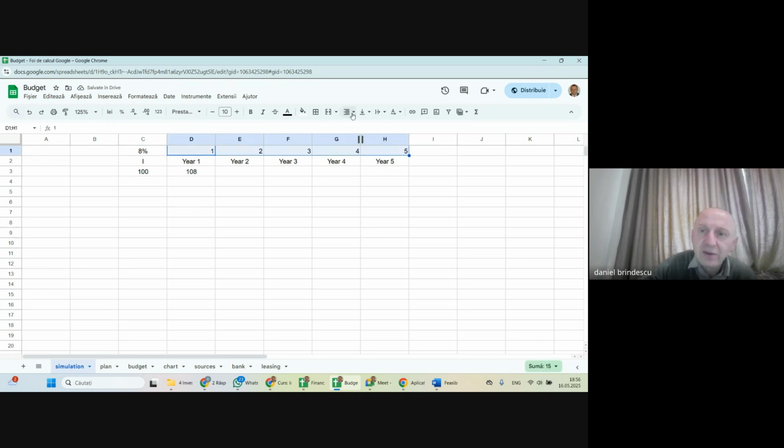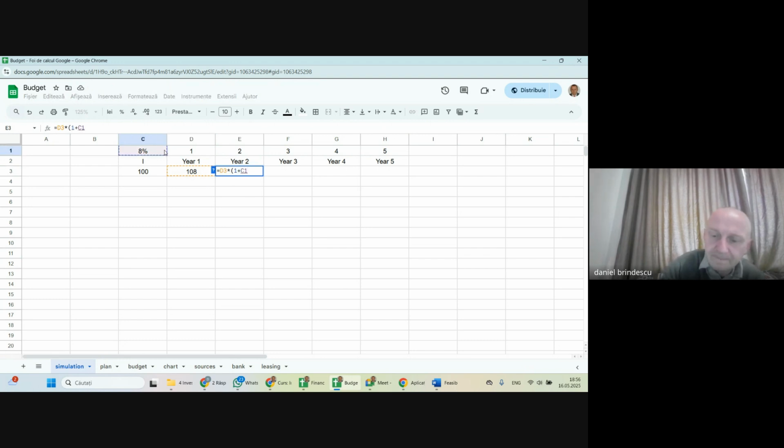If you take these 108 monetary units and you invest them again at a return rate of 8%, in 1 additional year, you would have 116.64. So you are multiplying your capital.